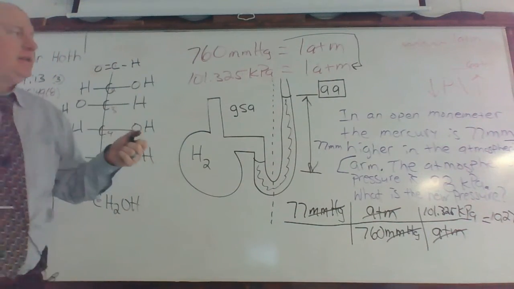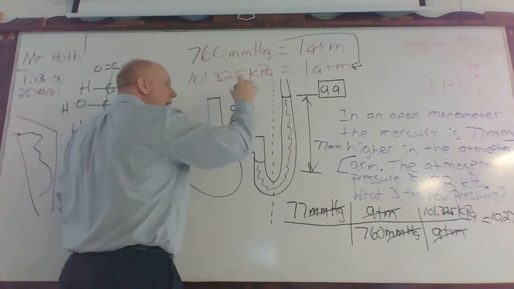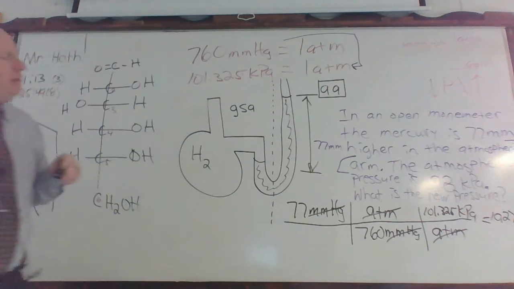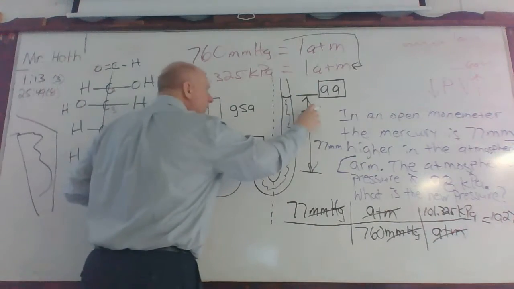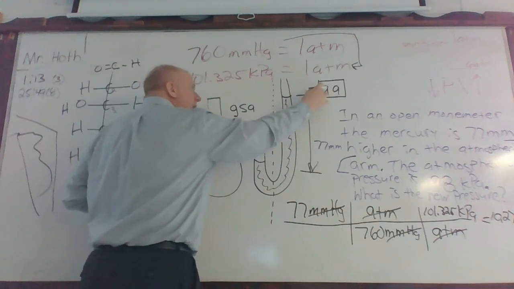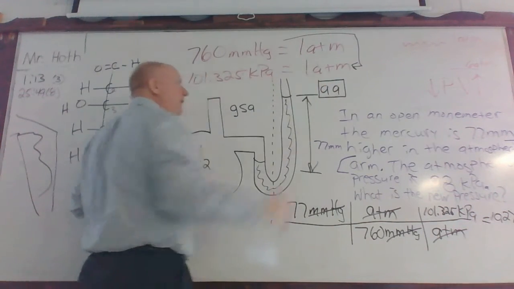So in this case, in this correction factor, you either have to add that 10.27 or you have to subtract it. But this is where, keeping these separate, which sample arm they're in, if it's higher on the atmospheric arm, this means you always add. Okay?